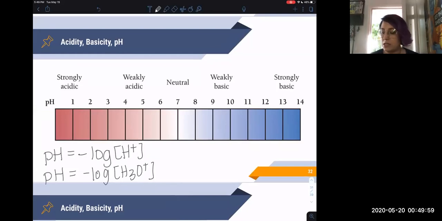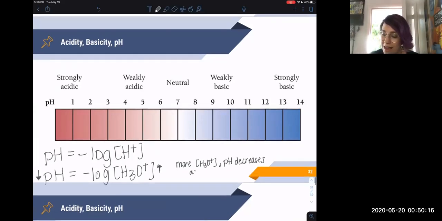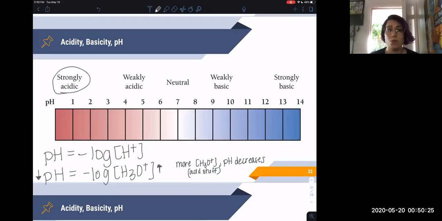That means as you have more hydronium, your pH goes down. So more acid stuff means a lower pH. Strongly acidic is at the bottom, strongly basic is at the top. The pH scale goes from 0 to 14.